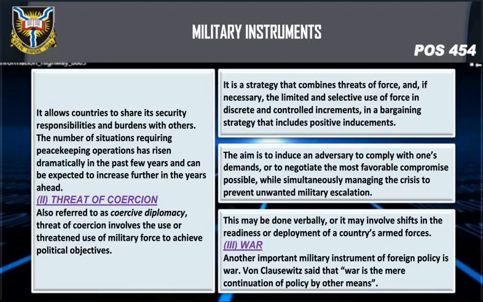It allows countries to share its security responsibilities and burdens with others. The number of situations requiring peacekeeping operations has risen dramatically in the past few years and can be expected to increase further in the years ahead.